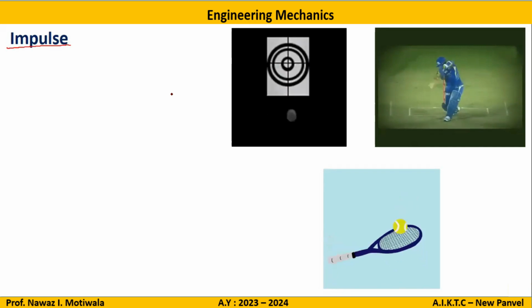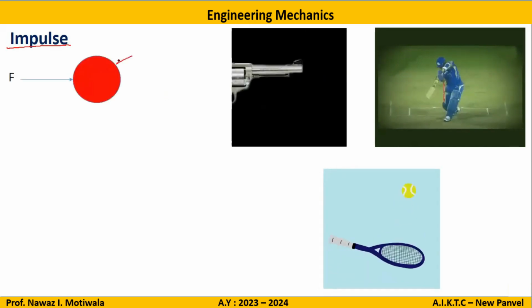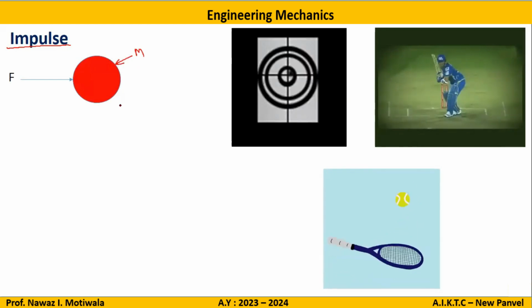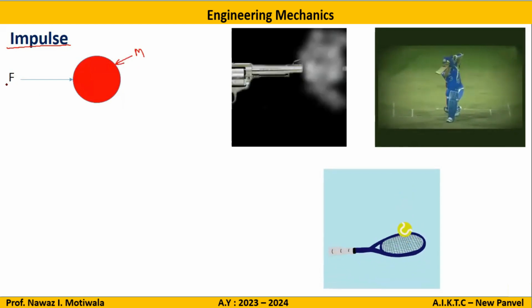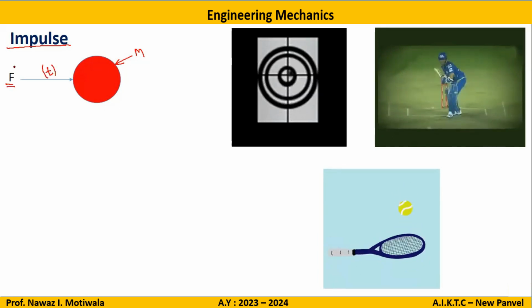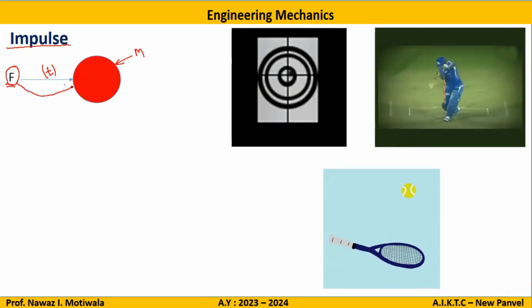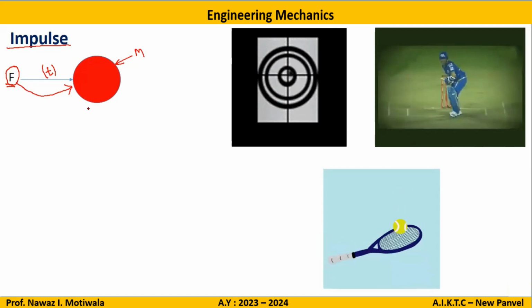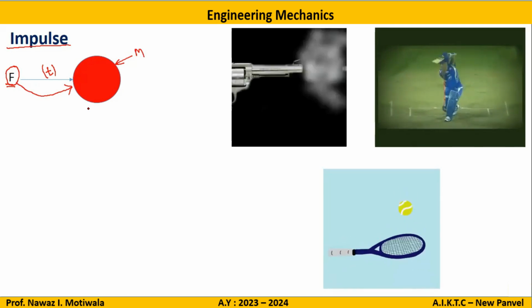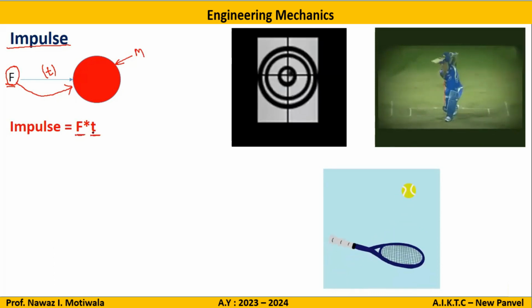And to understand it, let us consider a particle of mass, let us say m, and subjected to a force of F newtons for a time t seconds. This force F is said to impart an impulse on this particle of mass m, and the magnitude of this impulse is the product of the force applied and the duration for which it is applied on the particle.